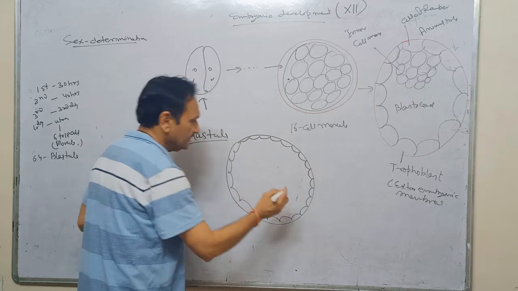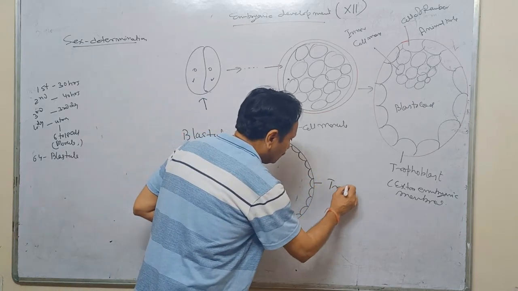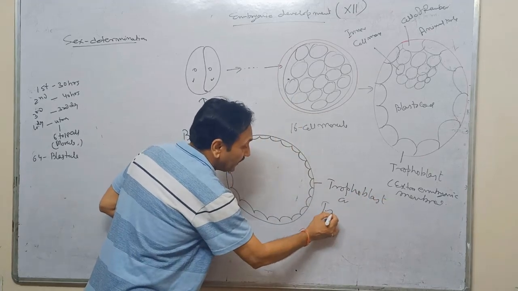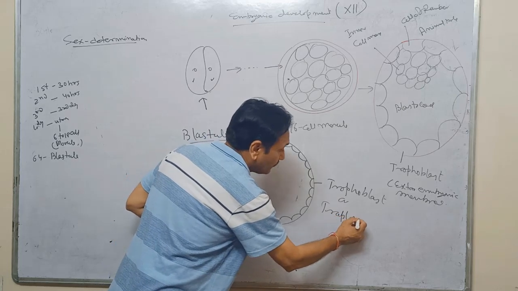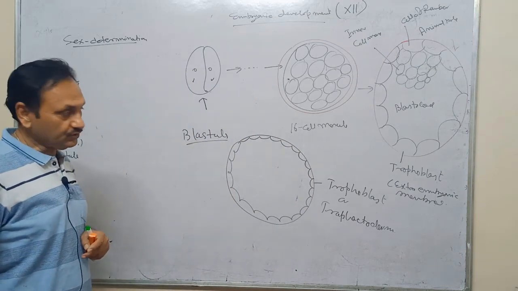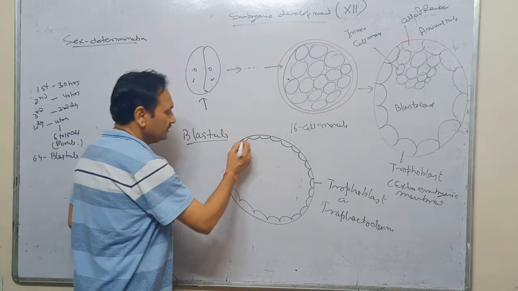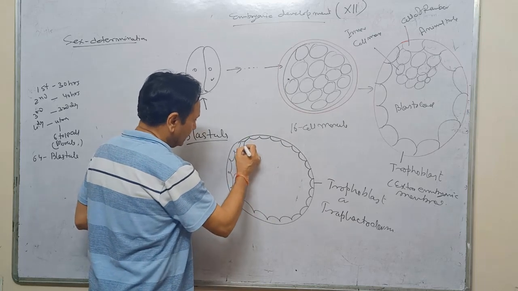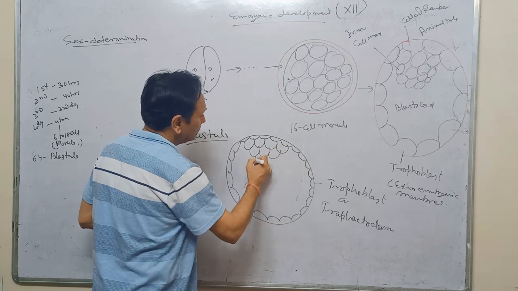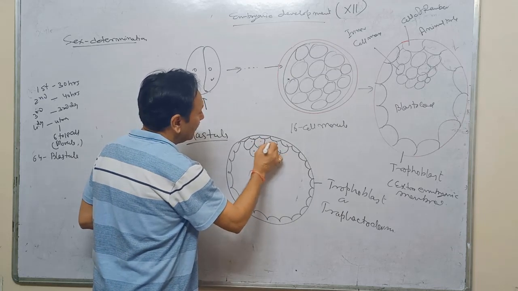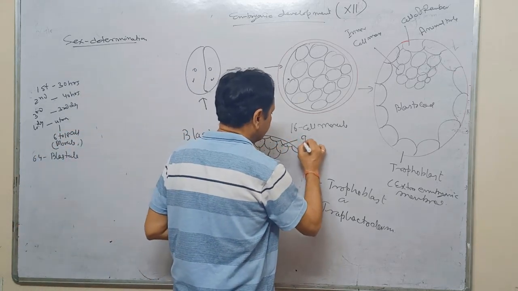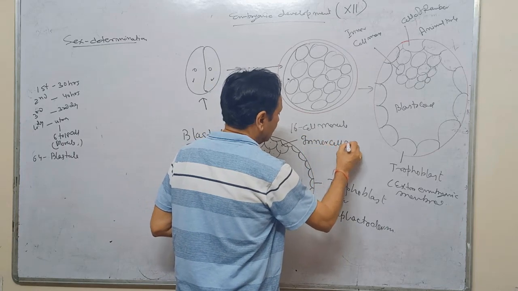The peripheral cells are called trophoblast or trophectoderm. And certain cells are shifted to the apical part, the animal pole, and this is called the inner cell mass.